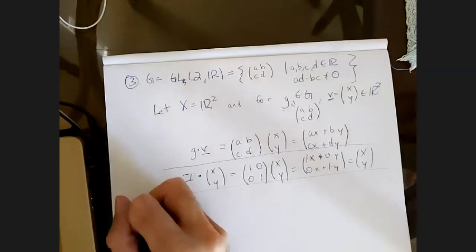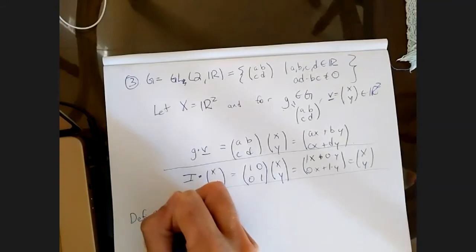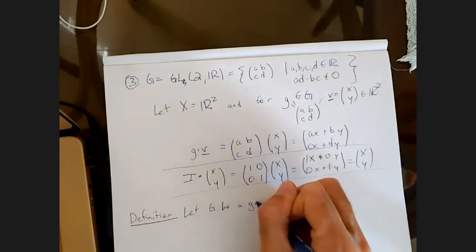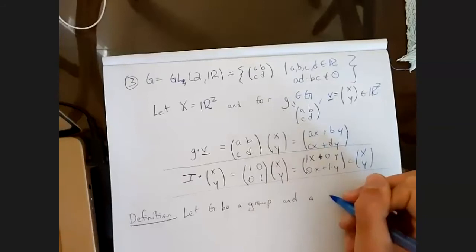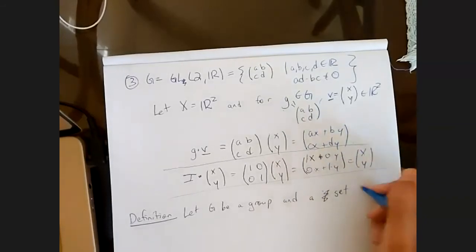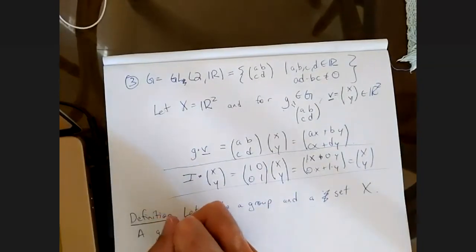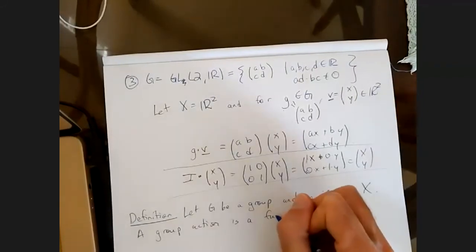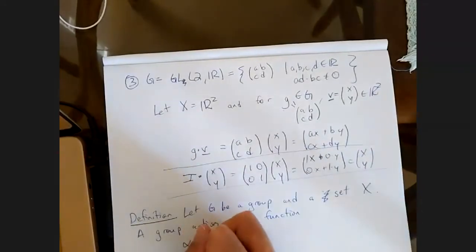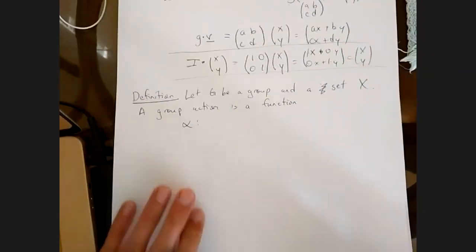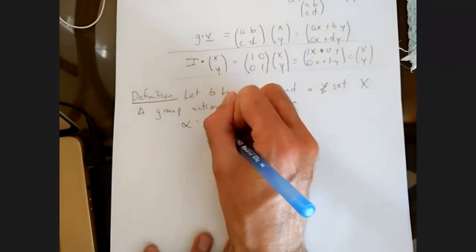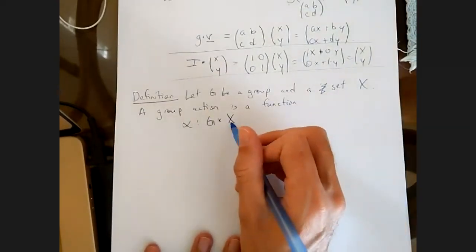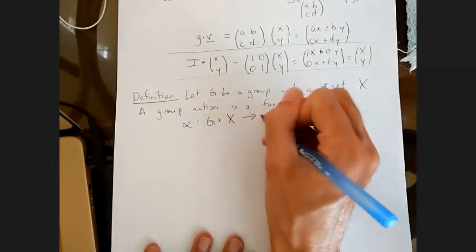So now I want to write down our definition. We have a group and a set X. A group action is just a function alpha, and the input to alpha is a group element and an element of the set, and then the function alpha combines it into a new element of the set.